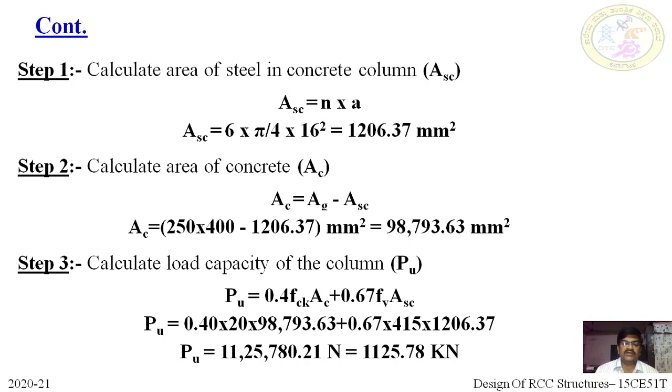So we got PU equal to 11,25,780.21 Newton, that is equal to 1125.78 kilonewton. We have to express it in kilonewton. While substituting the PU value, we should substitute in Newton, but while stating the PU value, we should state it in kilonewton.